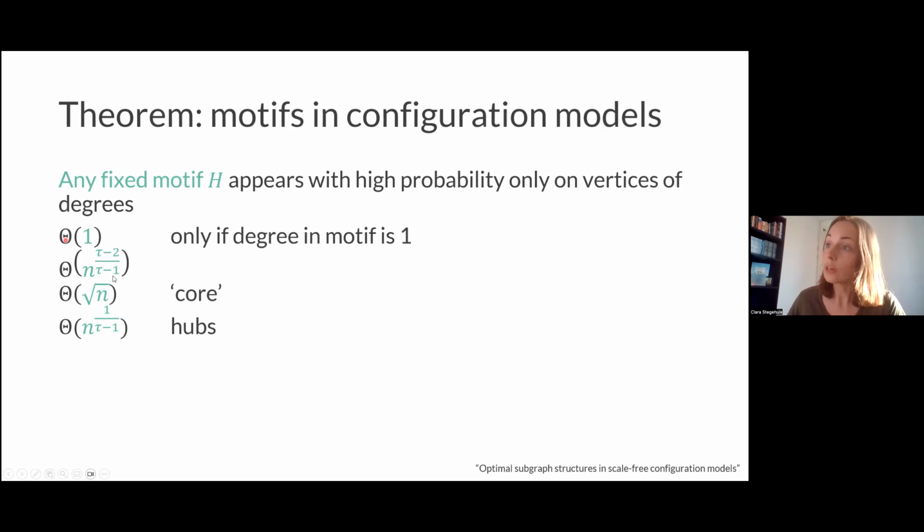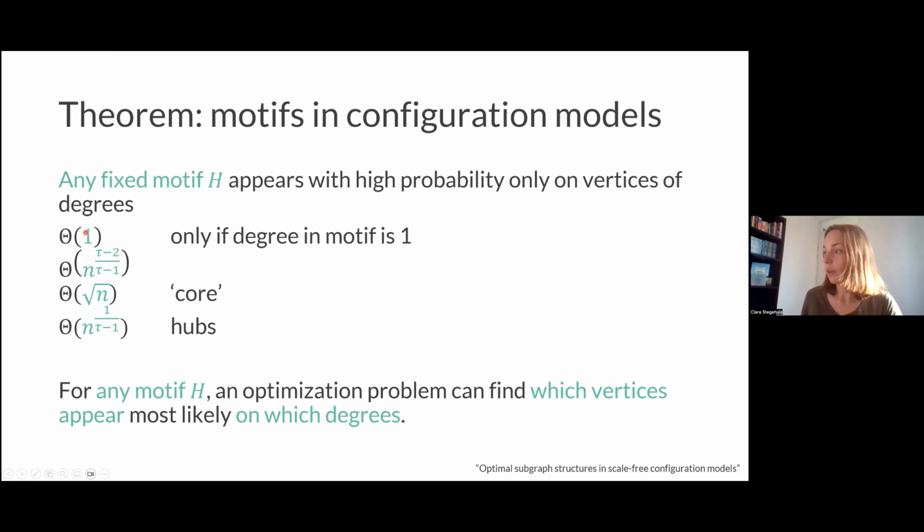Sometimes slightly lower, and in some cases only on very low degree vertices. Now this also sounds a bit abstract, but for every given subgraph, we can also predict which of these four degrees we are most likely to see this subgraph on.